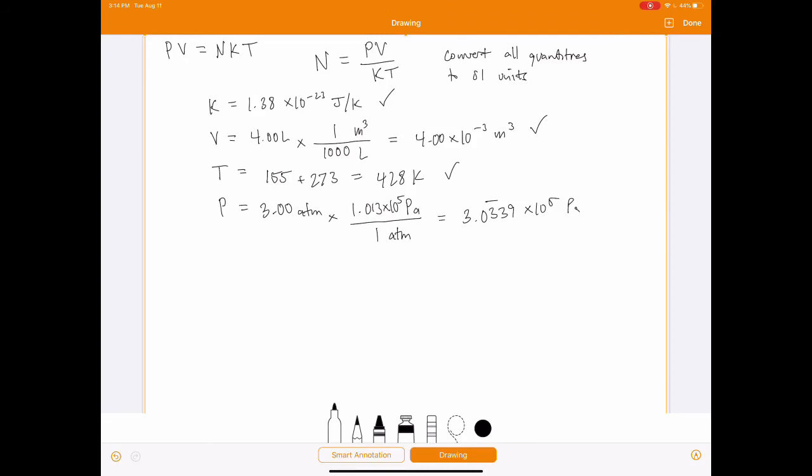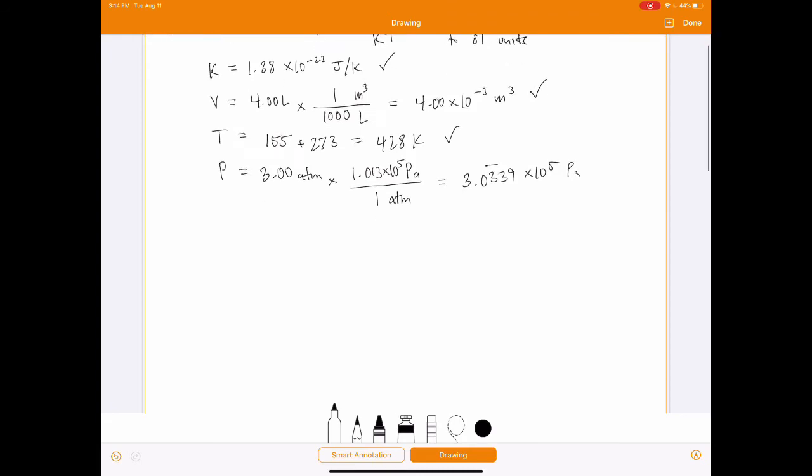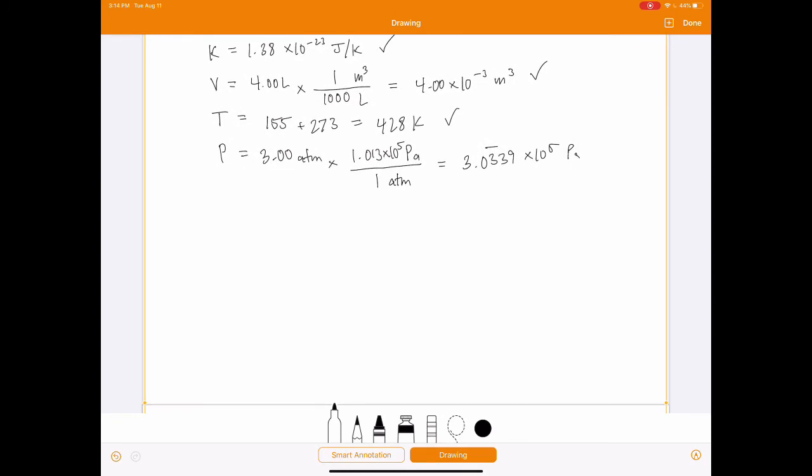And let's take a closer look at the unit of pascals, okay? I'm going to show you a very useful unit equivalency that you can use. So a pascal is a unit of pressure, and I'm just going to write off here on the side that pressure is force divided by area. That is the definition of pressure. So in other words, a pascal is a force unit, which would be a Newton, divided by an area unit, which would be a square meter.